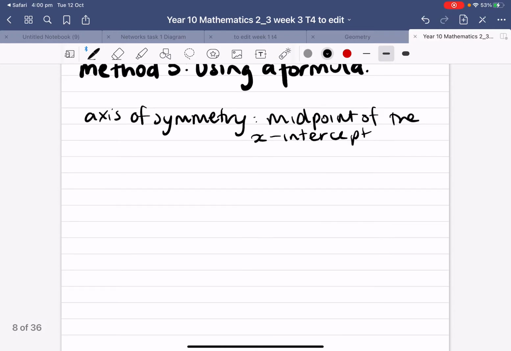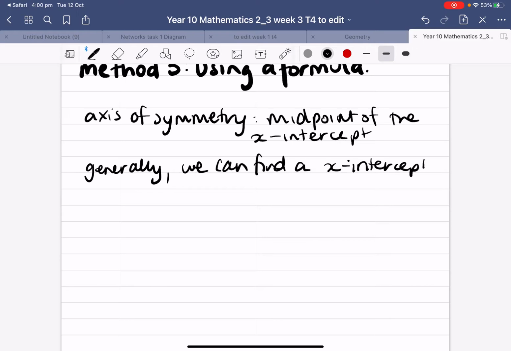Okay, so our general solution to any quadratic equation is just using the quadratic formula. Okay, so generally we can find all x-intercepts using the quadratic formula.